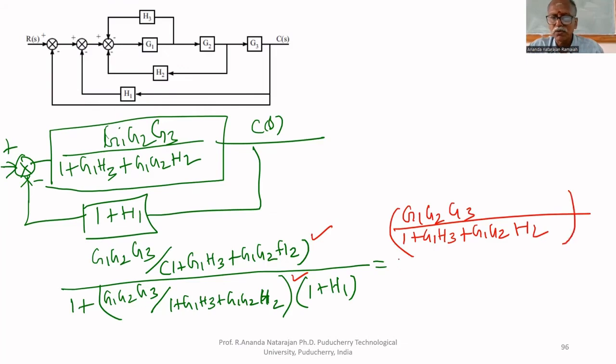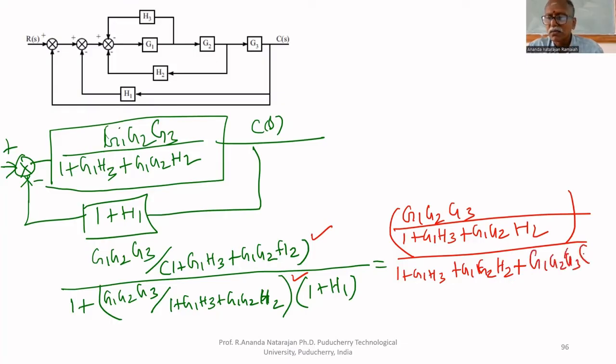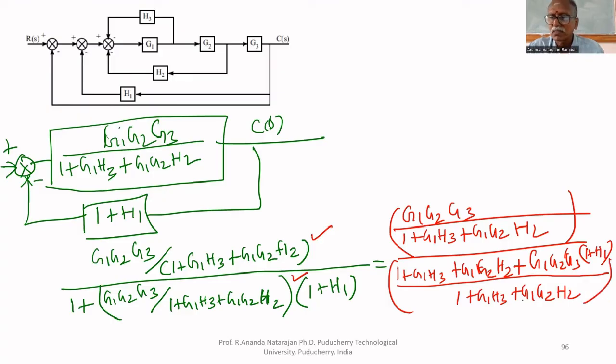This is numerator. Whole divided by 1 plus G1, H3 plus G1, G2, H2 plus G1, G2, G3 times 1 plus H1, whole divided by 1 plus G1, H3 plus G1, G2, H2. This is denominator.